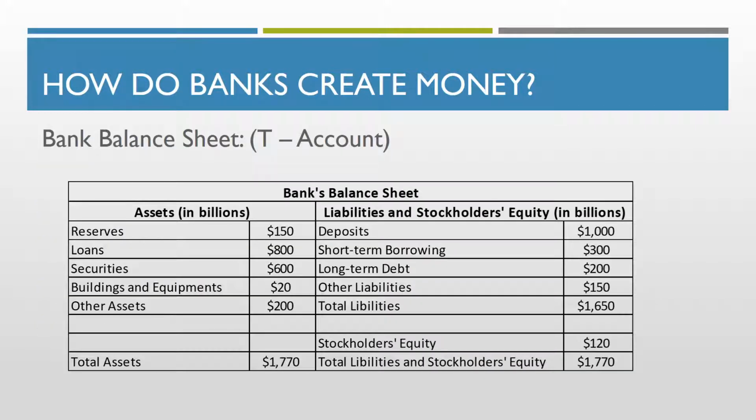To study bank operations, we use a very simple tool called a T account, or sometimes in the business world a balance sheet. In the bank's balance sheet, there are always two columns: the assets of the bank and the liabilities of the bank.